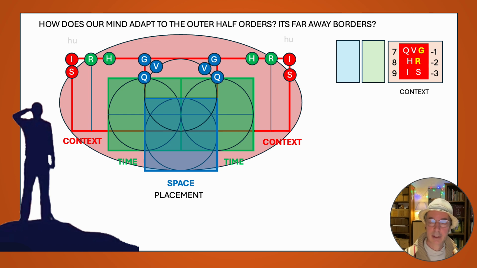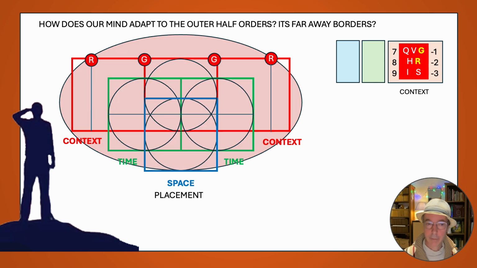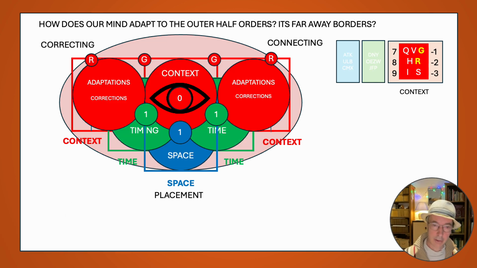But the context ones, the other ones which you see here, they will say like oh, you have to correct it a little bit, and when you're quite close by, you have three letters a little bit further away, H and R, and very far away in a very large context and a dominating context giving matters. They are the I and the S. But I will focus mostly on G and R.